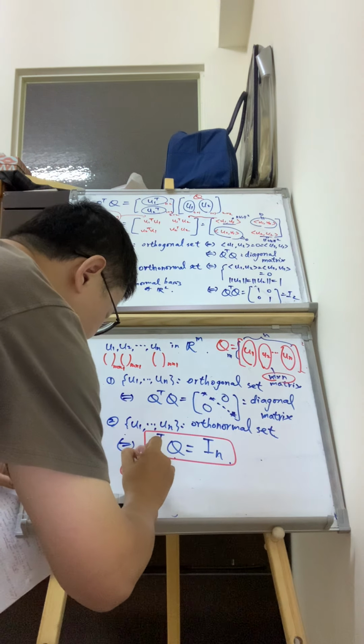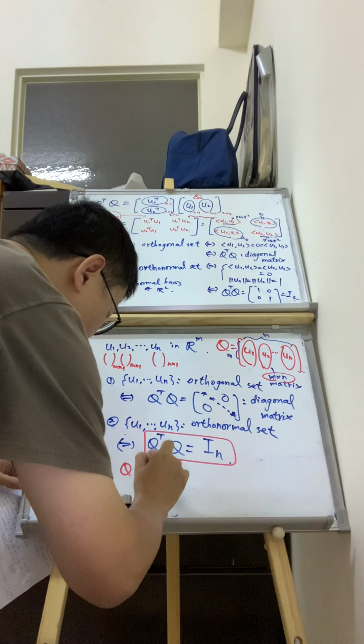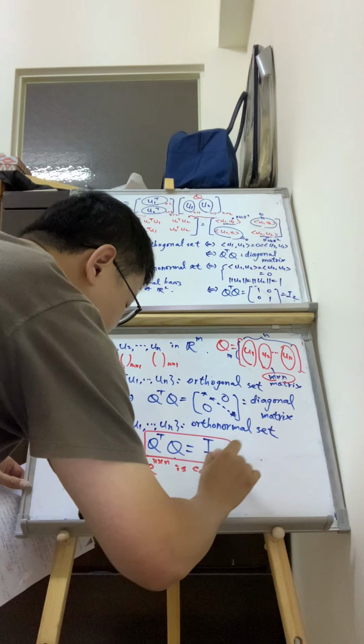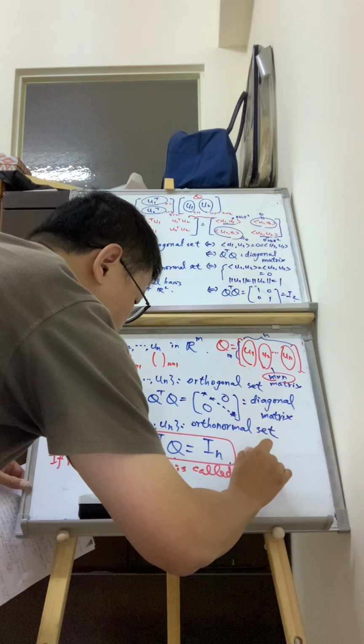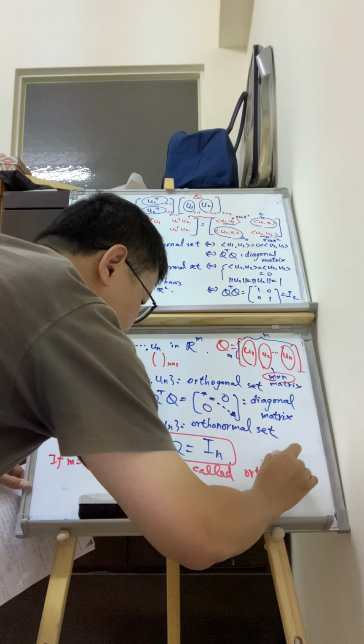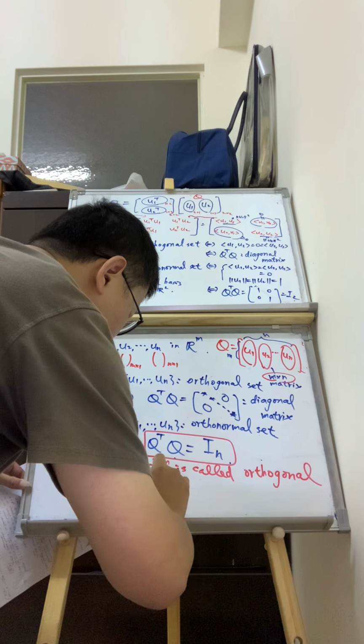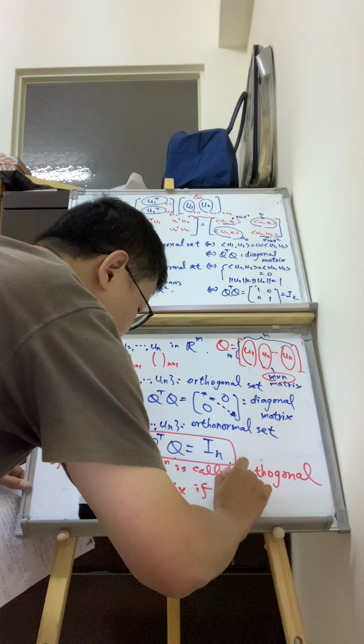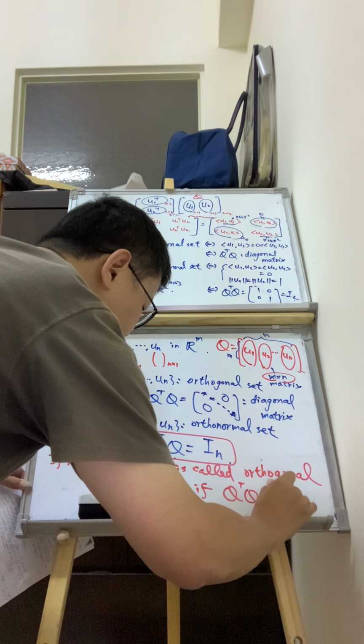Q is called an orthogonal matrix if it satisfies Q transpose Q equals identity.